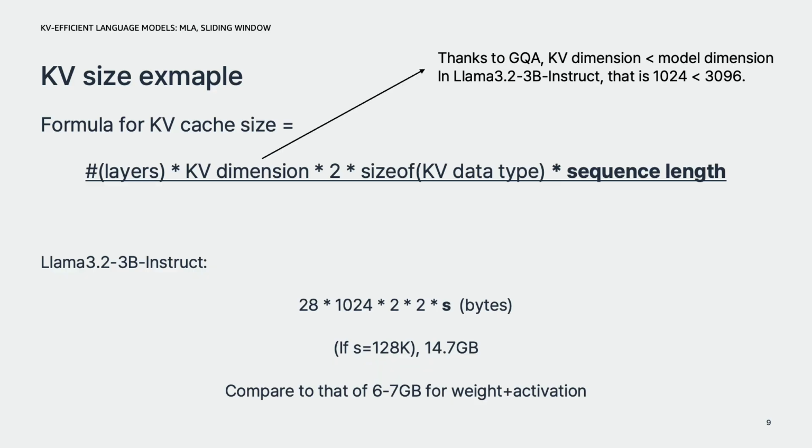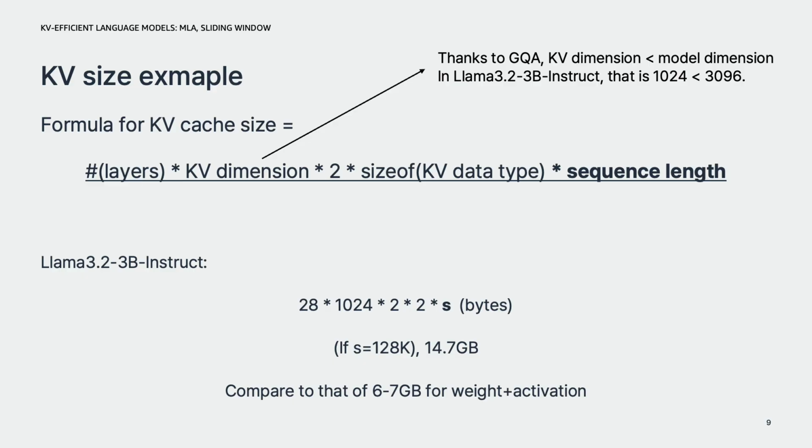And this is a side note. This model, Llama's Rebellion, and a lot of modern language models have actually reduced the KV size by using what's known as GQA, or grouped query attention. This is illustrated as the KV dimension 1024 is much smaller than the model dimension, which is 3096.